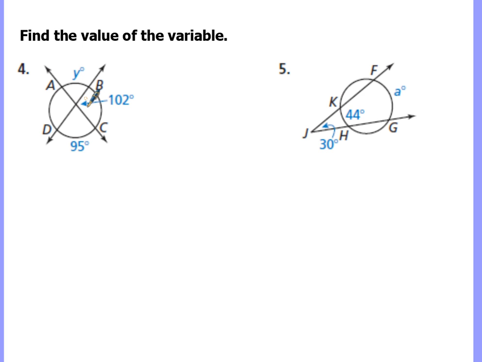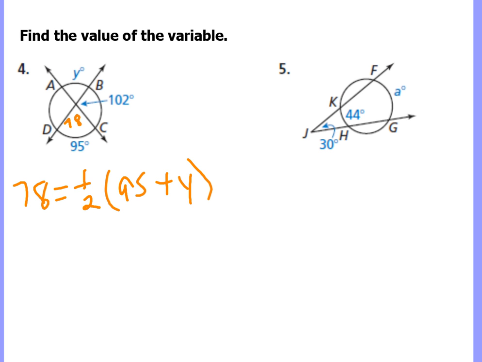Well, good news is these two intersecting lines create a linear pair. And so the measure of this angle is actually going to be 78 degrees. And so we know that 78 degrees actually equals half of the sum of 95 and the measure of angle Y. So do we see what I did there?